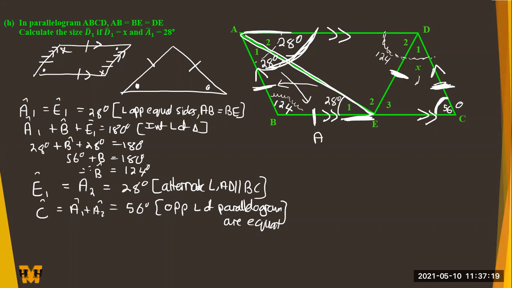We firstly said that AB is equal to DC. Why? Because they are the opposite sides of my parallelogram. Then AB is equal to DE, given.